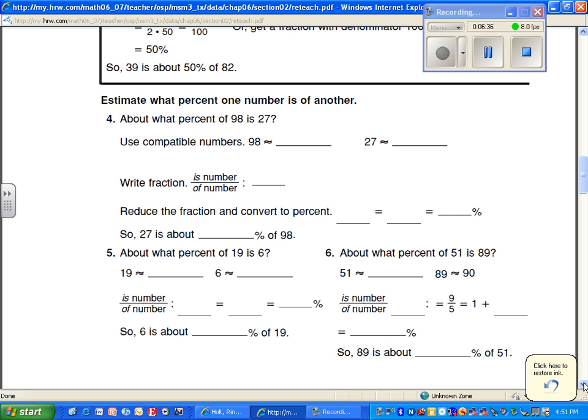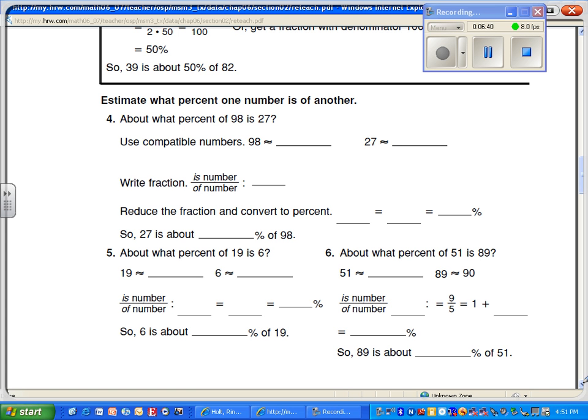Number 4, about what percent of 98 is 27? Let's go ahead and put our is over of, our 27 over 98, but we're going to round those numbers. Let's make 98 into 100, and then we'll make 27 into 25. That makes it pretty easy.